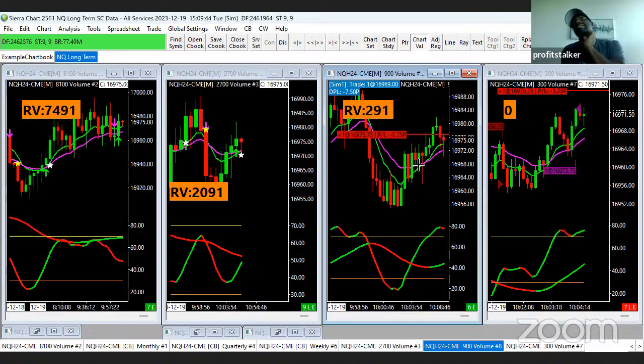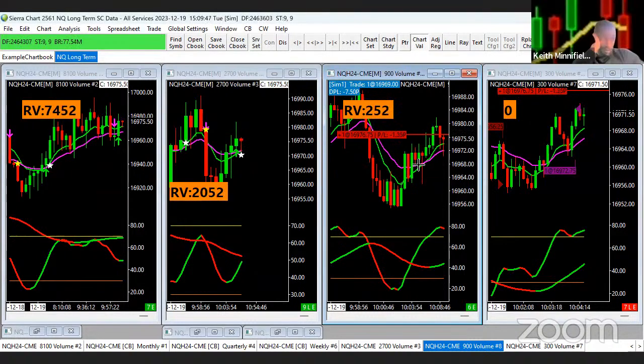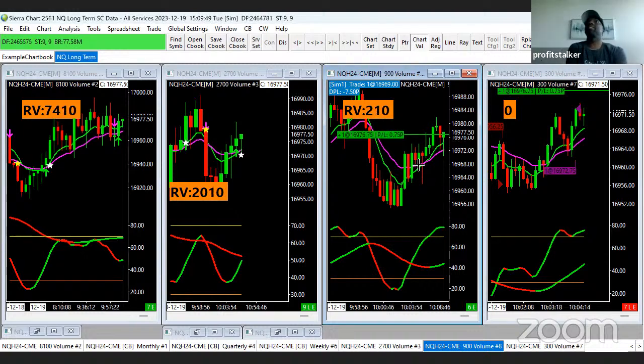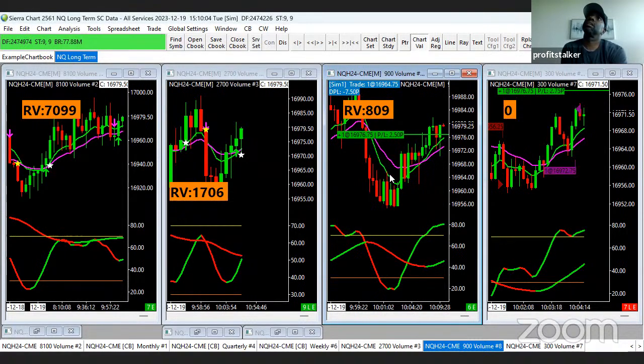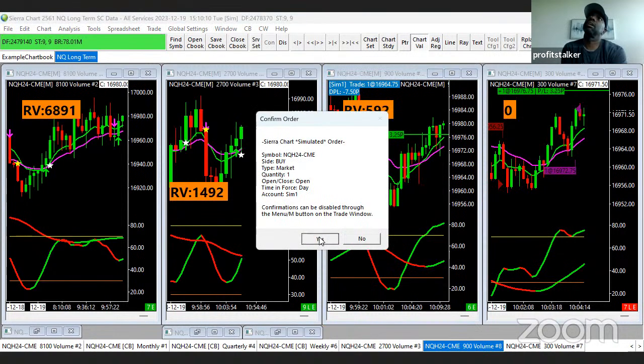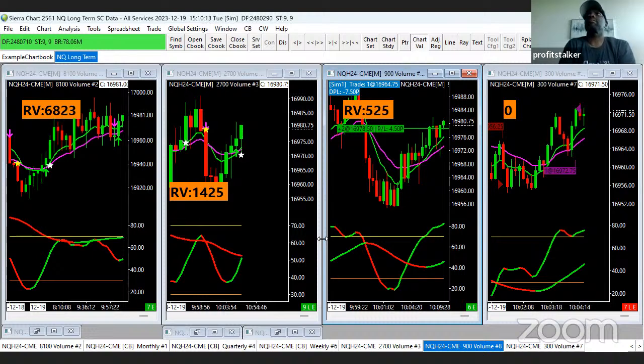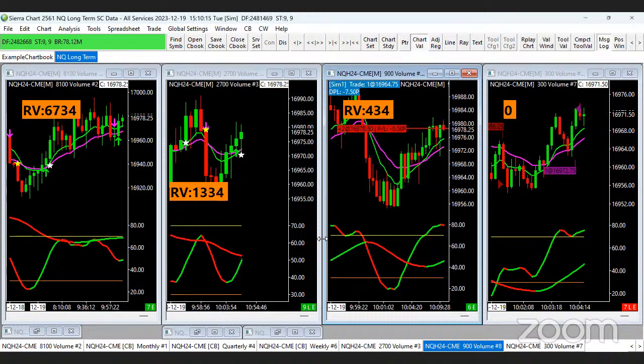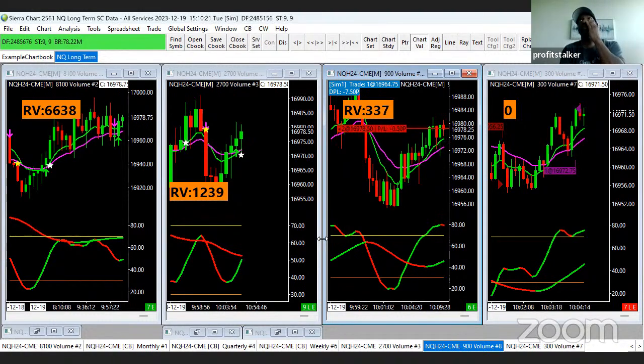It's tough right here because it's in a range. There's no other way to put it. It's in a range. It should push though here.